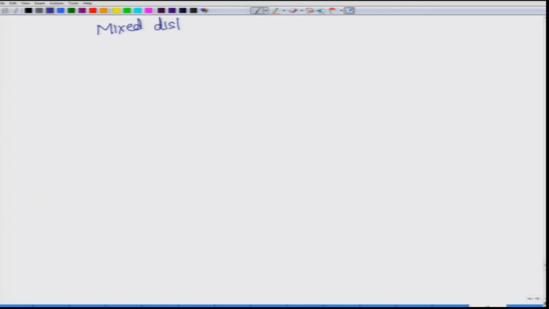As we will discuss later, in reality what you have is neither a pure edge dislocation nor a pure screw dislocation, and most of the time what you will have is a mixed dislocation. Therefore, let us see what a mixed dislocation implies. Again, let me draw this, and it will be a little more complicated than what we have already drawn, so you must follow it closely.